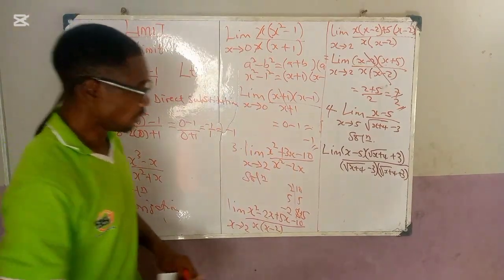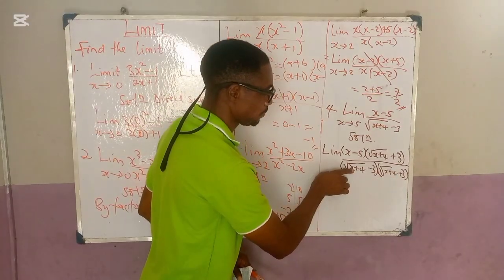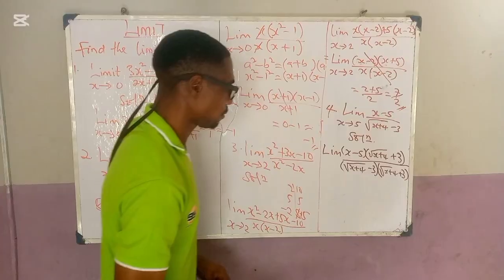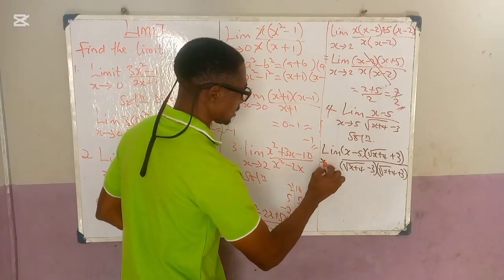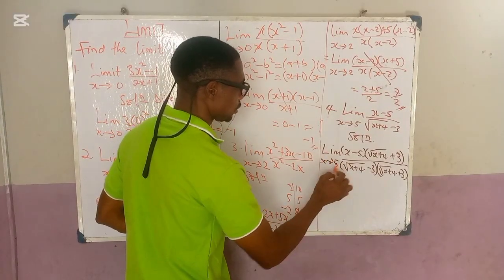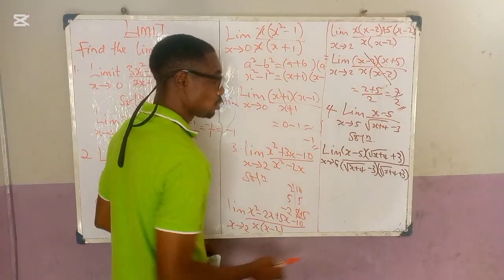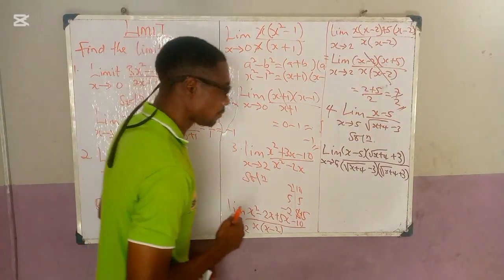Is that okay? Now this is the conjugate of this. So multiply the conjugate with both the numerator and the denominator. I have this. As x approaches 5, all I need to do now is to multiply, because our aim is to get rid of the radical in the denominator.